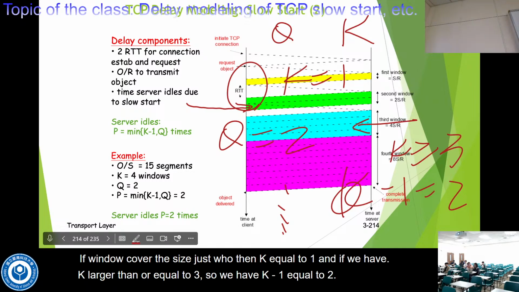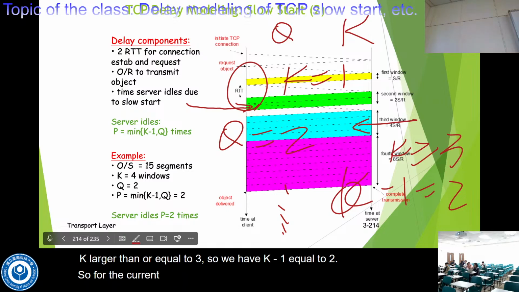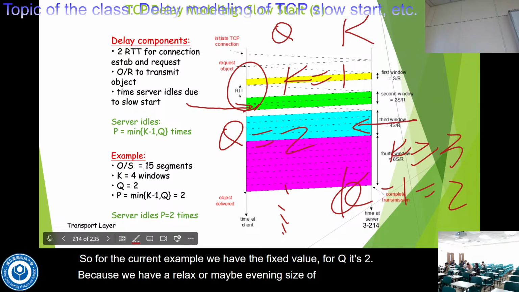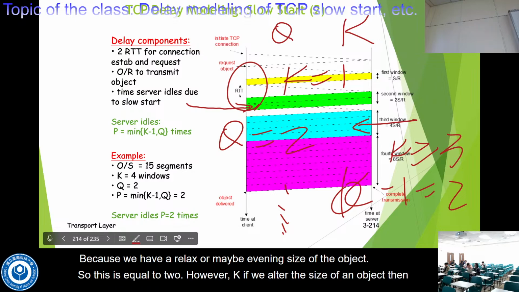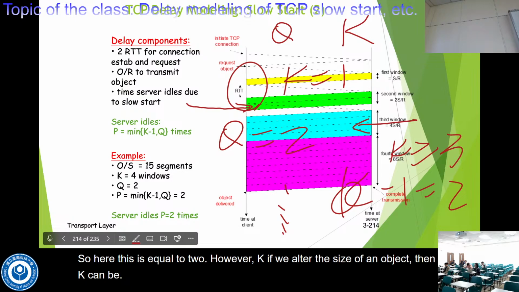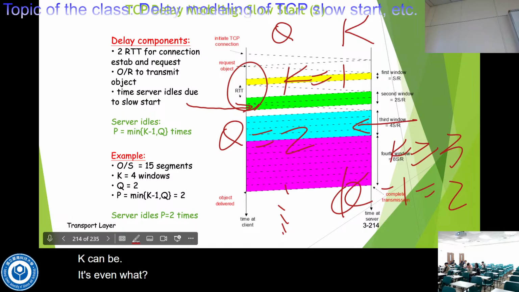So for the current example, we have a fixed value for Q, which is 2, because we have a really large or maybe infinite size of object. So Q is fixed at 2. However, K, if we alter the size of the object, can be 1, 2, 3, 4.